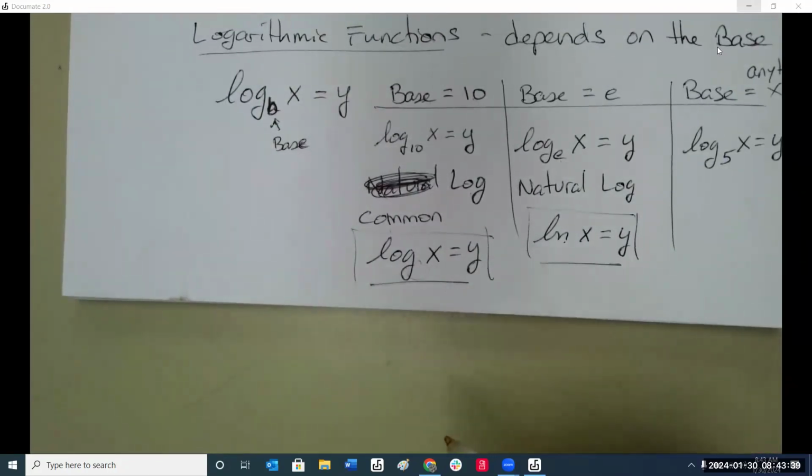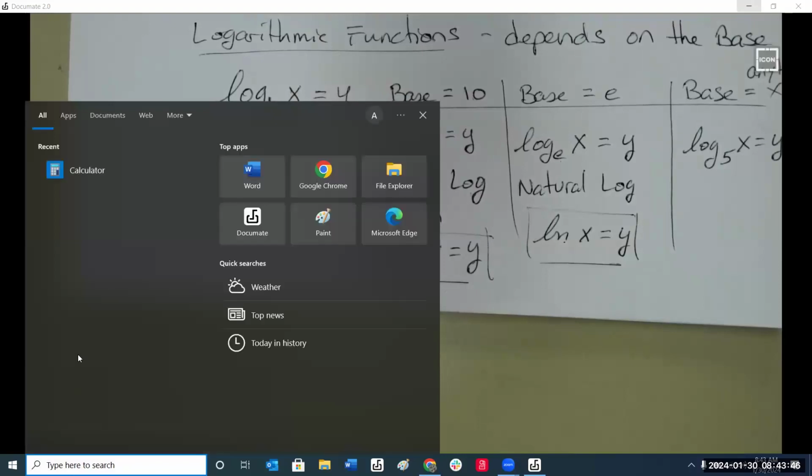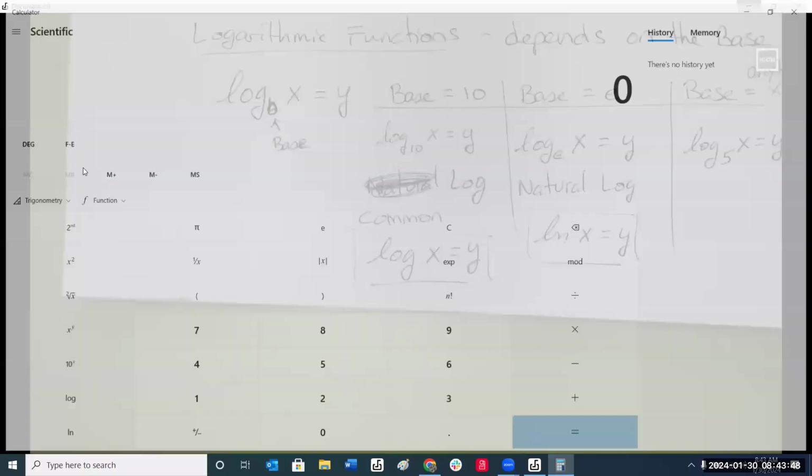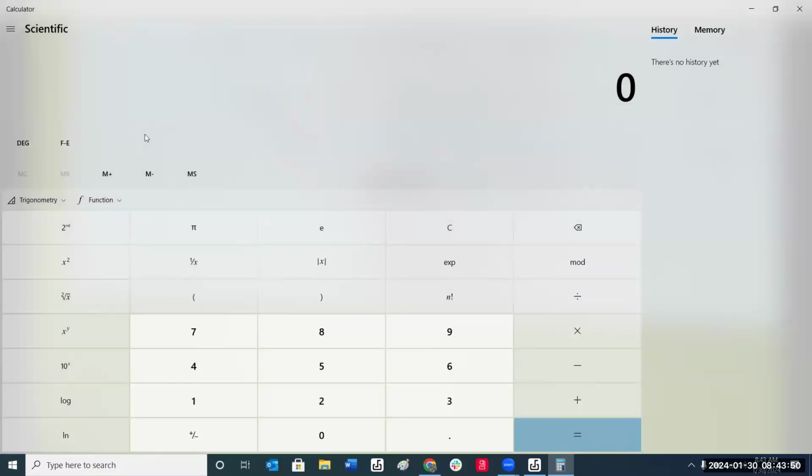And if you look at any scientific calculator, you notice you see these two down here, ln and log. There is no log base 5 or log base anything else. All you have are these two logs, ln and log, base 10.